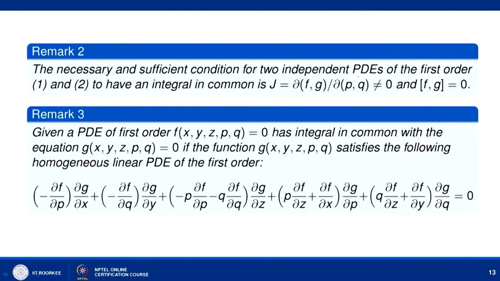Here the necessary and sufficient condition for two independent PDEs of the first order to have an integral in common is this: the Jacobian is non-zero and the bracket is 0. If you look at it, the bracket [f, g] = 0 already involves the condition that the Jacobian is non-zero, and basically this is an integrability condition, that dz = p dx + q dy is integrable.